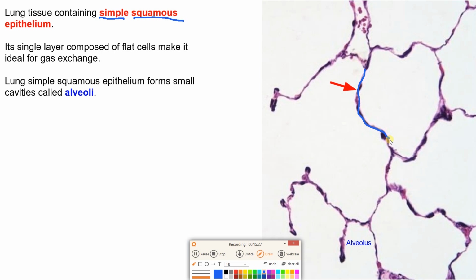It's a line of cells. This is actually in the lungs. And simple squamous epithelial tissue in the lungs is ideal because one layer, skinny flat cells, great for the exchange of gases. The lumen is just space for air.